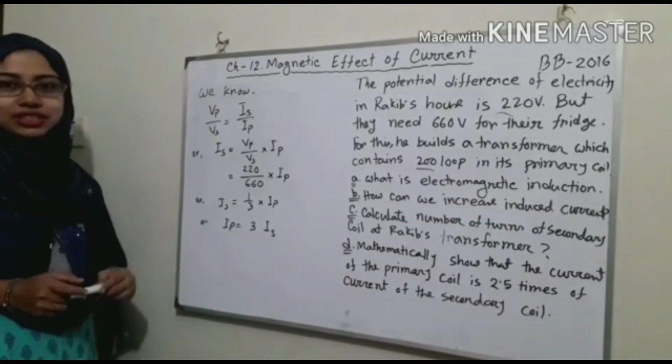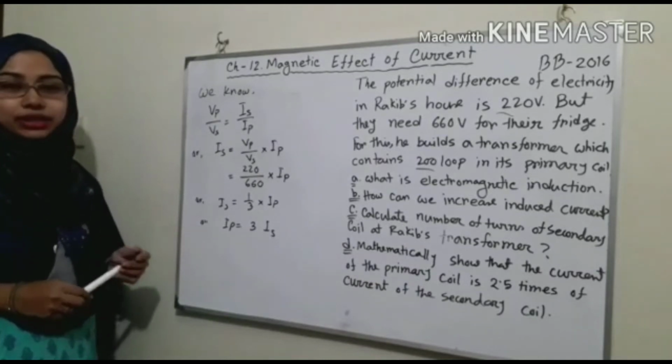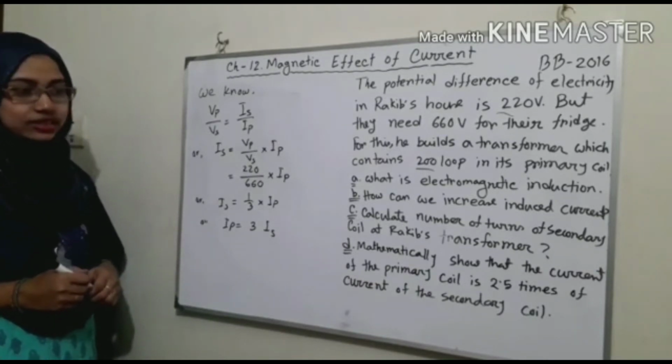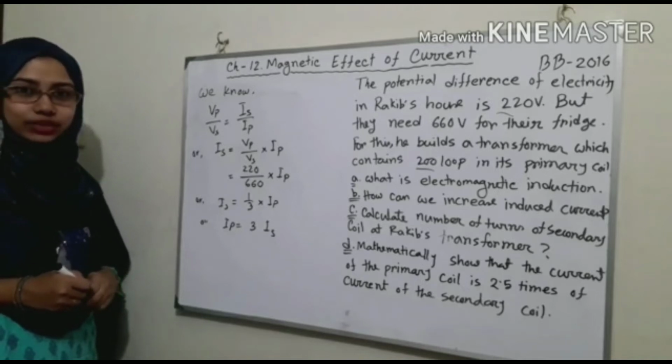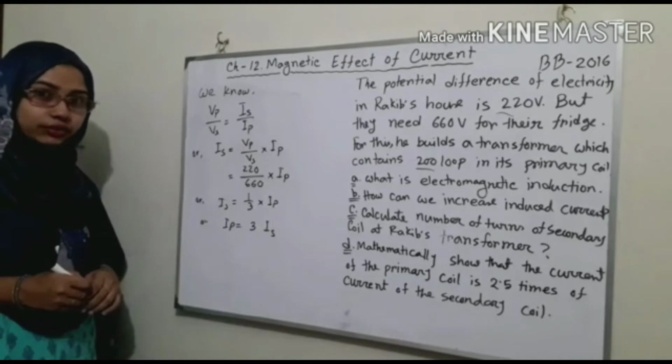That means the statement is wrong, the statement is not correct. So the current for the primary coil is 3 times the current of the secondary coil, which is the conclusion. We have to write the conclusion at the end of the answer.